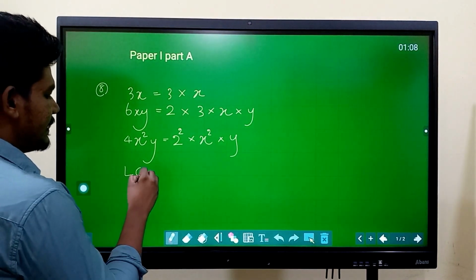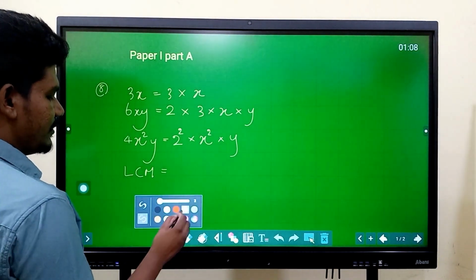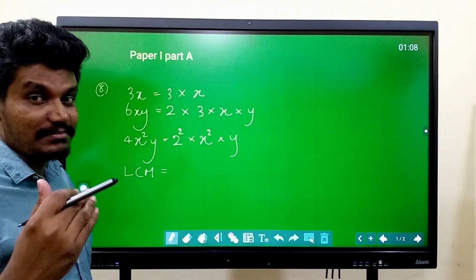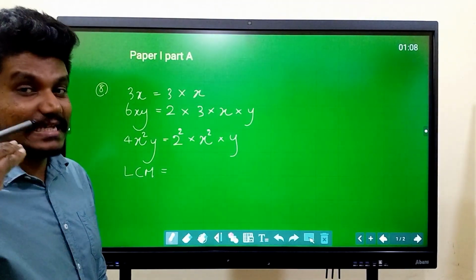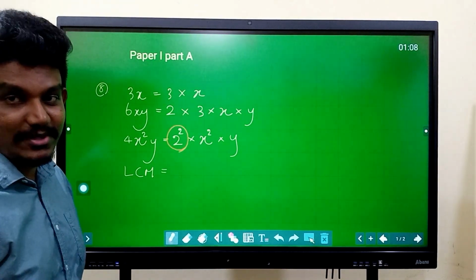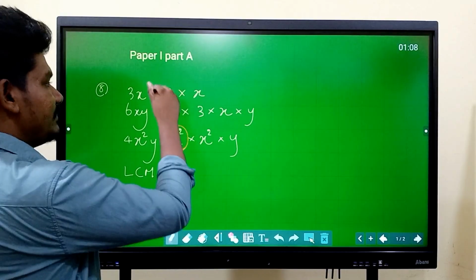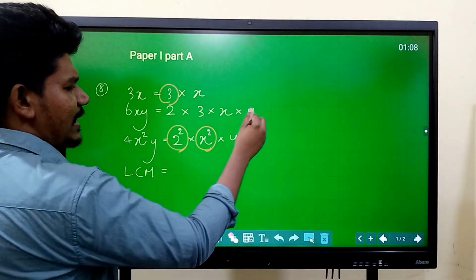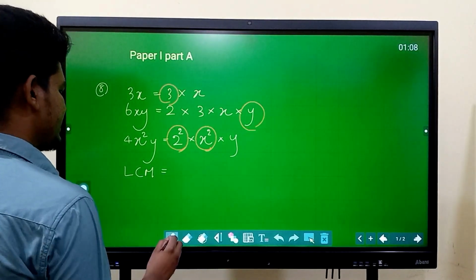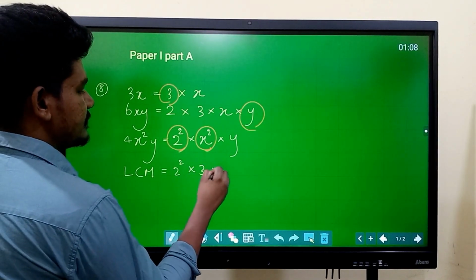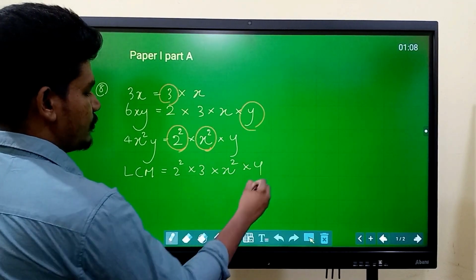Then we're going to find the LCM. How are we going to do that? We have to circle the factors or the powers with the highest index. From 2 we can take 2 squared. And from 3 we have 3 to the power 1, we should select it. And from x squared and y. Then the answer will be 2 squared times 3 times x squared times y.